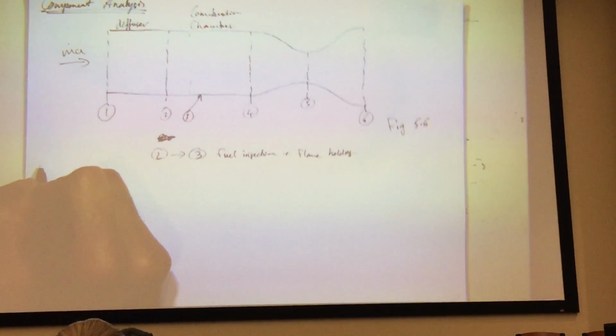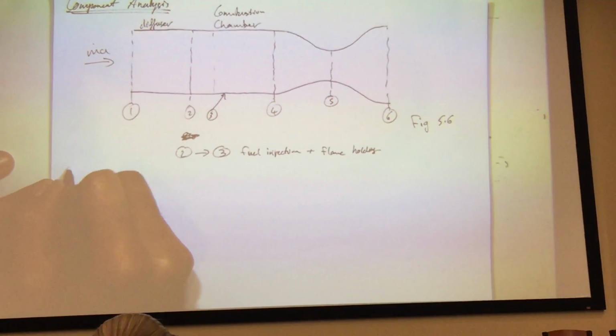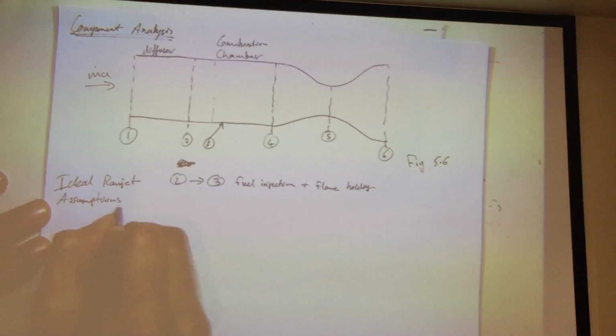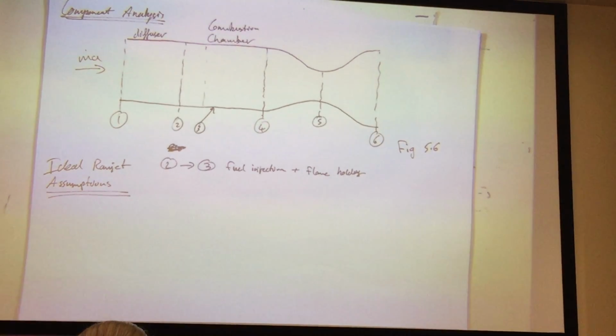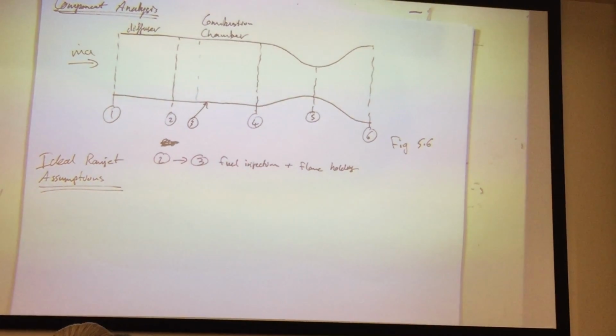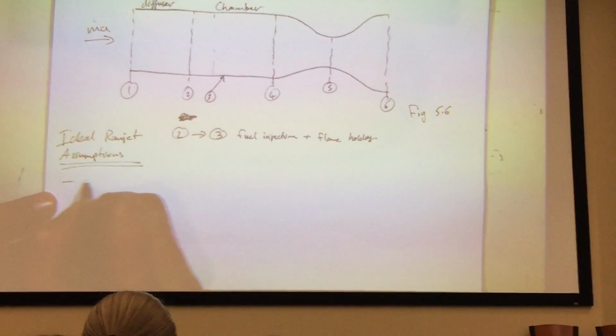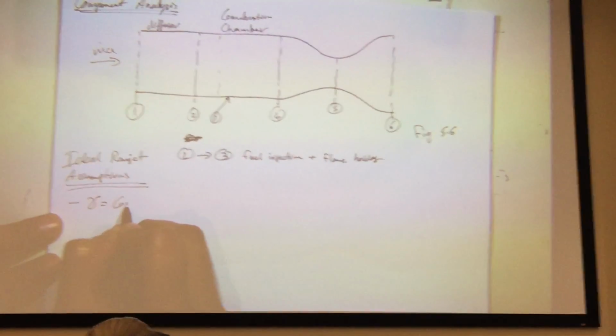And then we'll do the real ramjet. So one of the first things I'm going to make as an assumption for an ideal ramjet is, well, gamma is equal to constant.